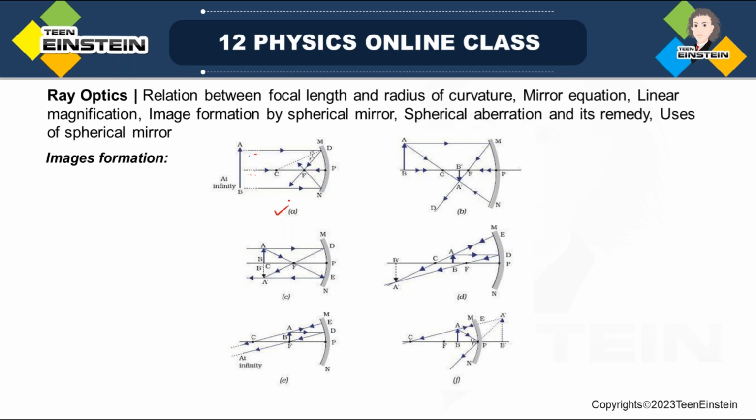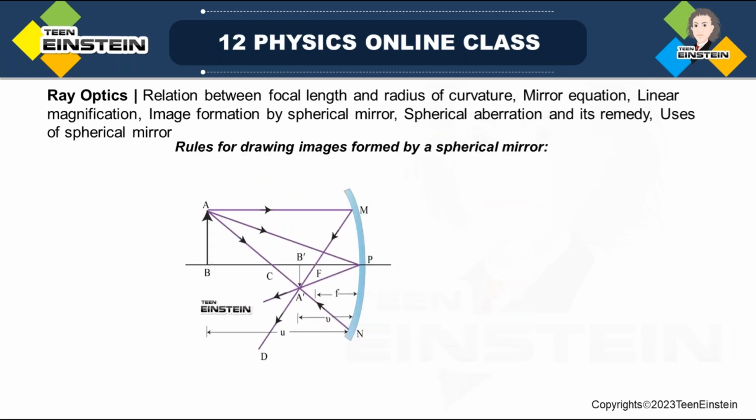Now we'll be using the concept we have learned in the image formation part. For image formation, you have to choose representative rays. One is a parallel ray, another is a ray passing through the center, and maybe you can take any oblique ray.